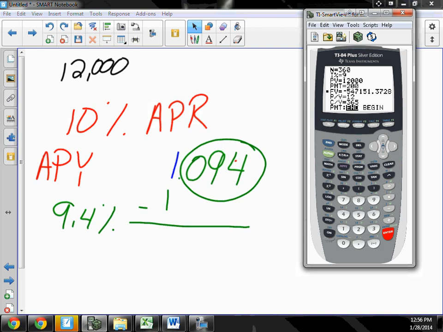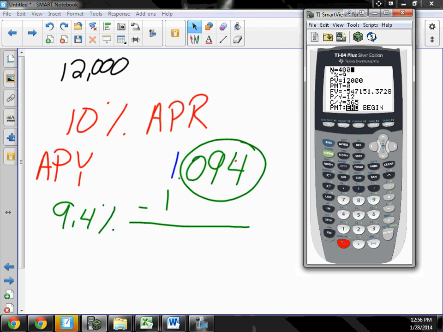Okay. Number 6. So let's say that he doesn't make any payments. Change that to 0. And he's going to do 40 years instead of 30 years. So my N now becomes 480.